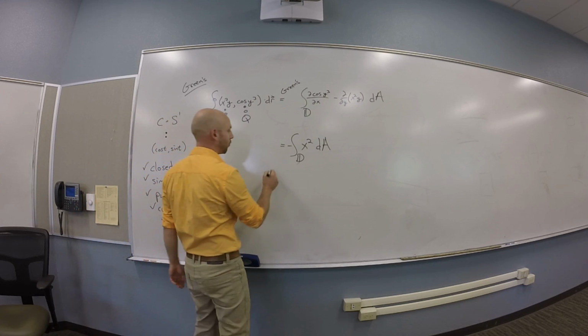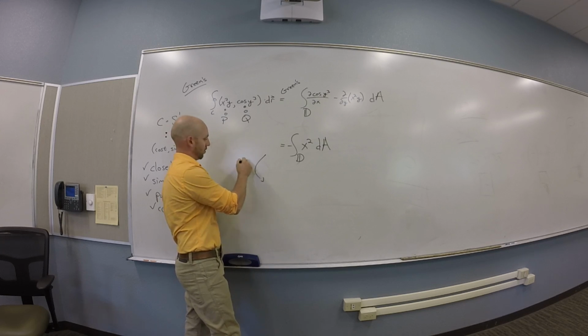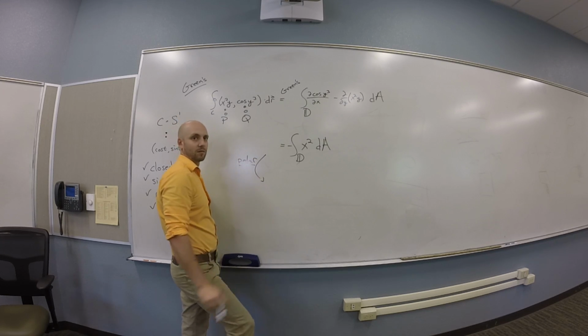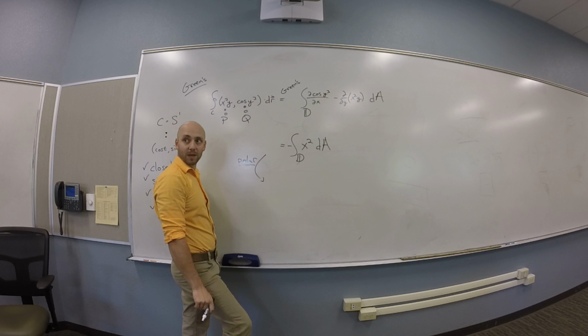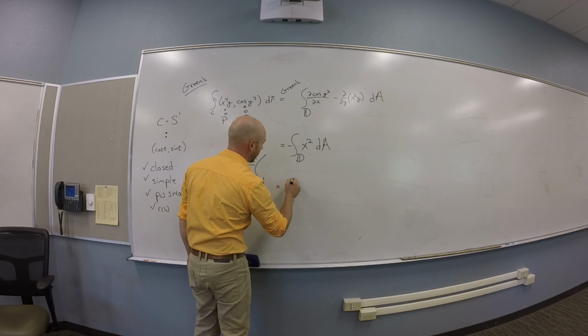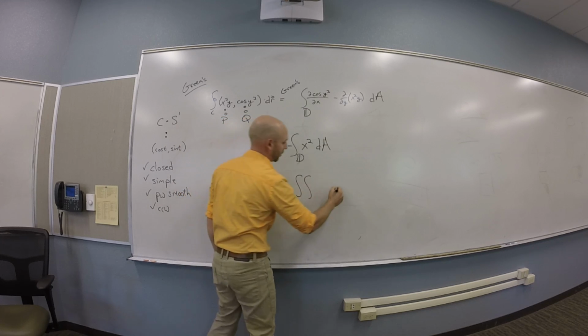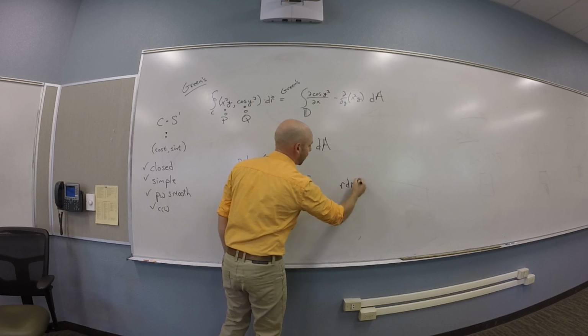So what's my next step here? Turn dA into actual r dr d theta. Make this thing polar. So you'll get minus the double integral of something r dr d theta.